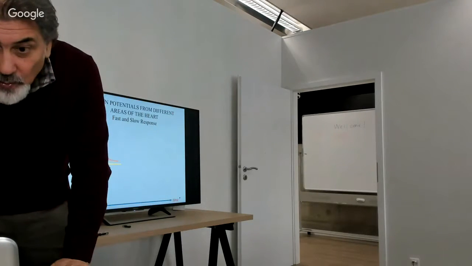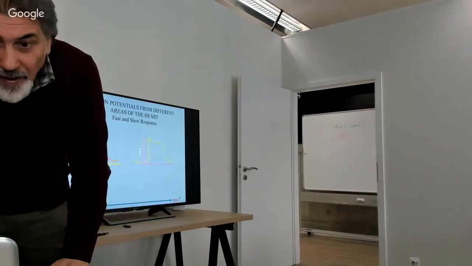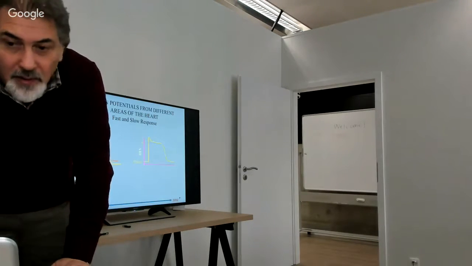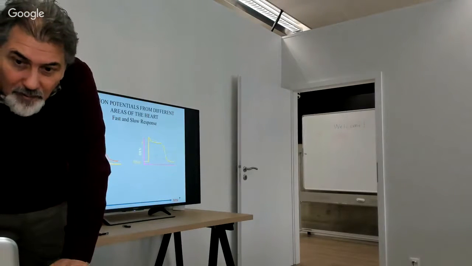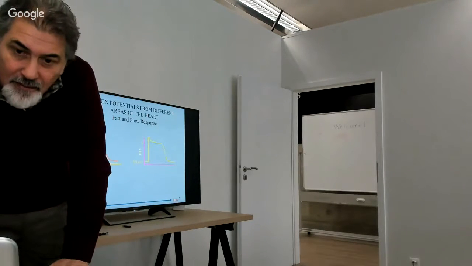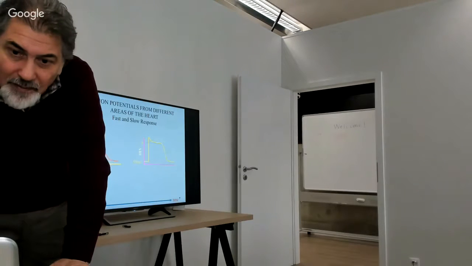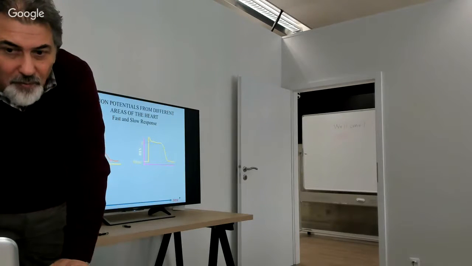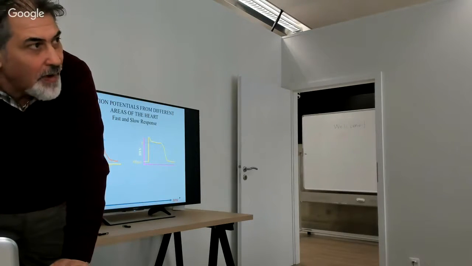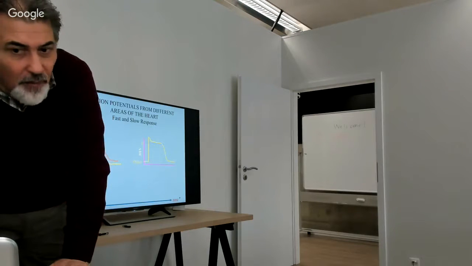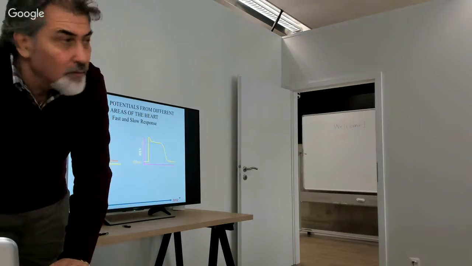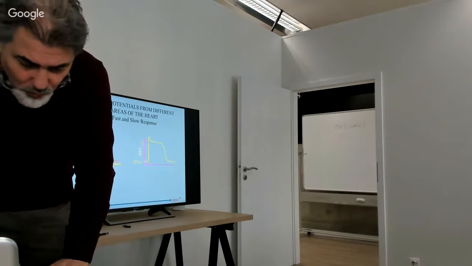So we distinguish two big categories. These are the fast action potentials. Why fast? Because this phase is very fast. It's the depolarization from minus 85 millivolts.